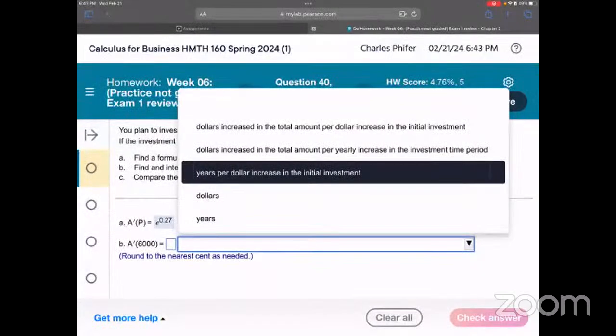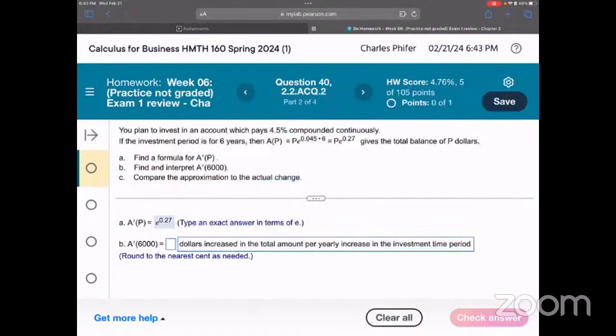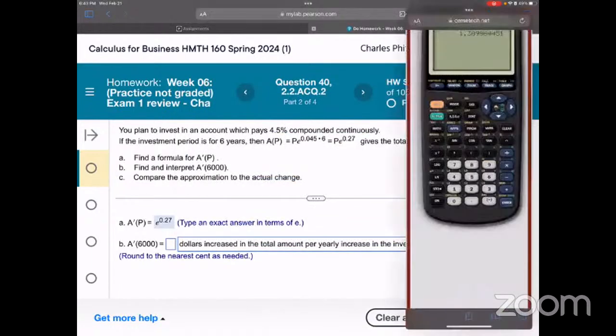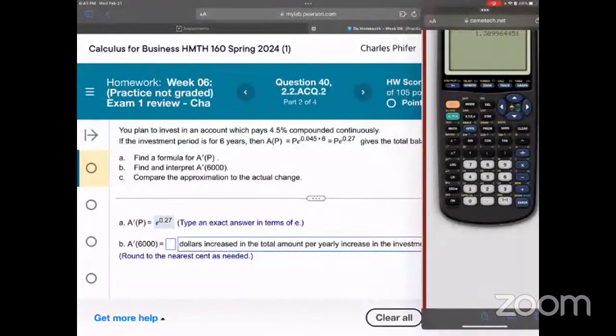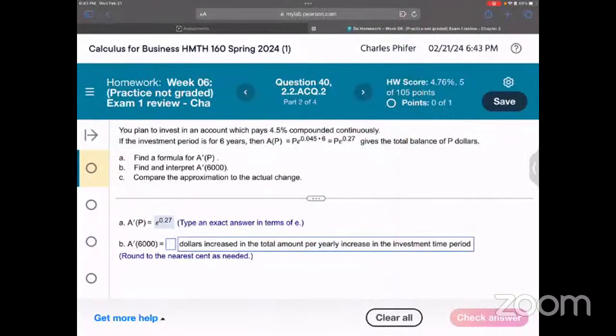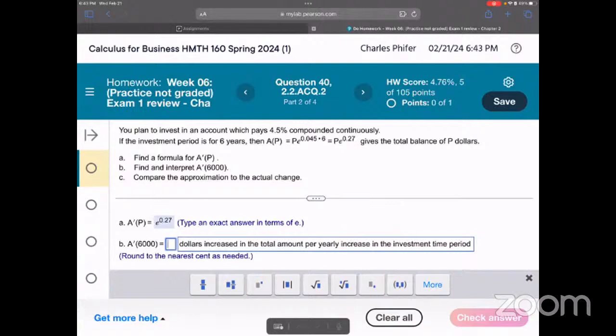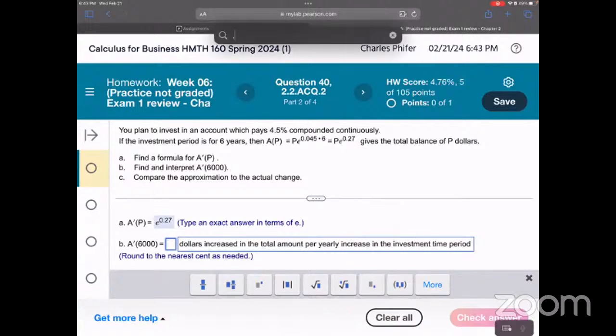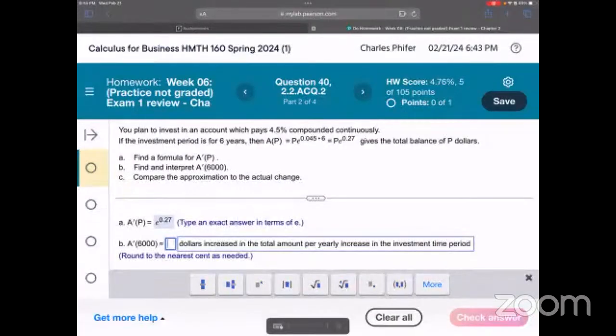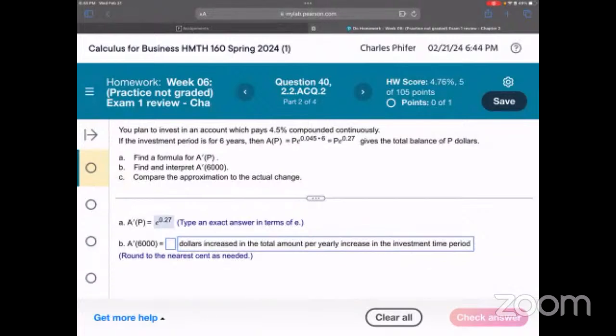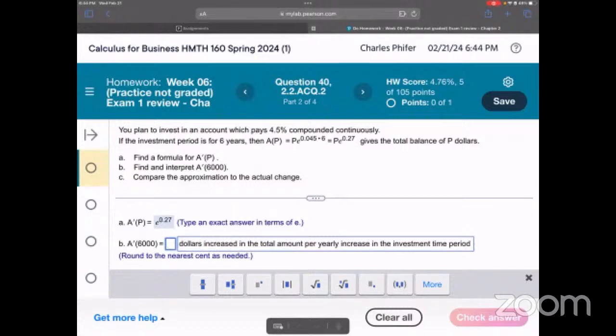It should be this one. And we got 1.31. Let's try that. Come on. Nope. What did I hit? 1.31. Dollars increase in the amount per yearly increase in the investment period of time. Okay, I think that's okay.